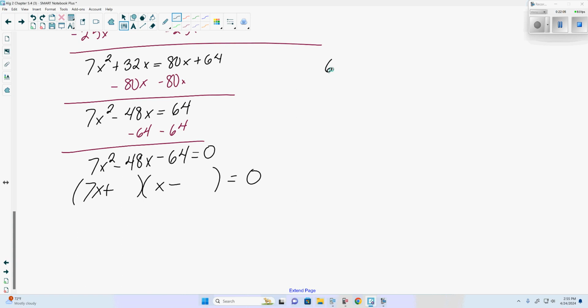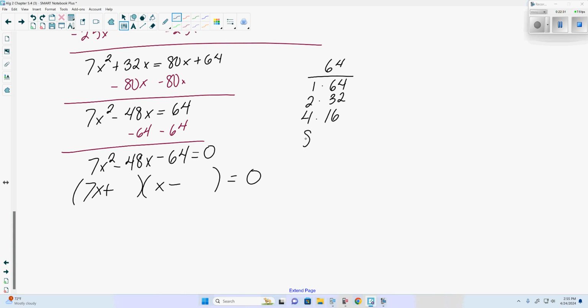Now 64 is 1 times 64. 2 times 32. 3 does not work. 4, I do not think works. Nope, I'm wrong. 4 and 16. 5 does not work. 6 does not work. 7 does not.